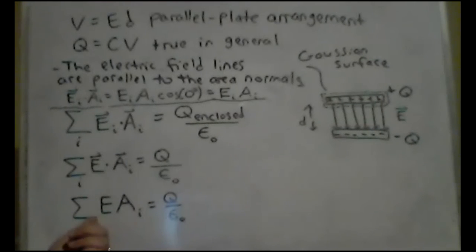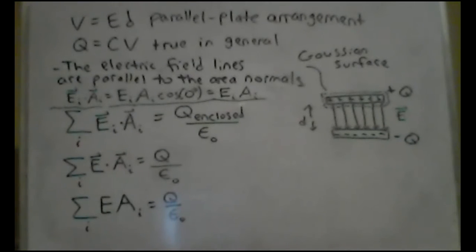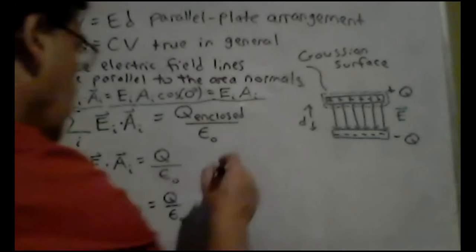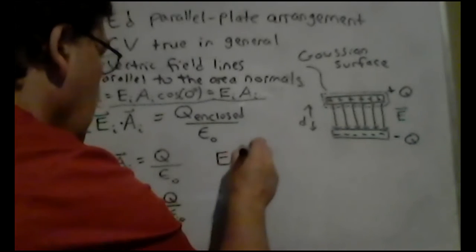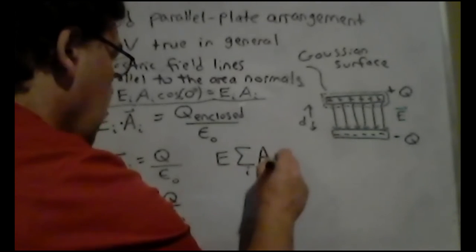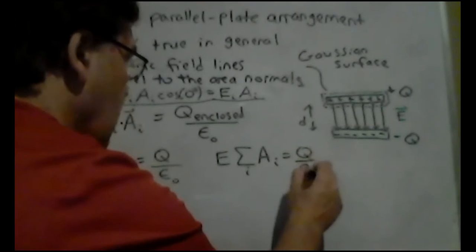Now, if I have a summation and there's a constant multiplying some distinct variable in the summand, I can pull the constant out of the summation. I showed you that in the previous chapter 18. So I can pull this E out. I can write this as E times the summation over i of A sub i equals Q over epsilon naught.